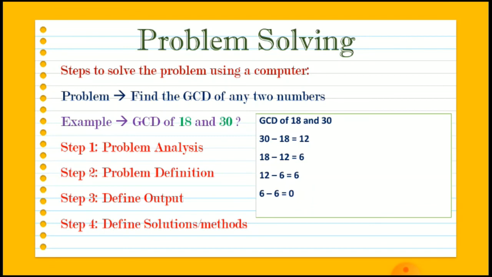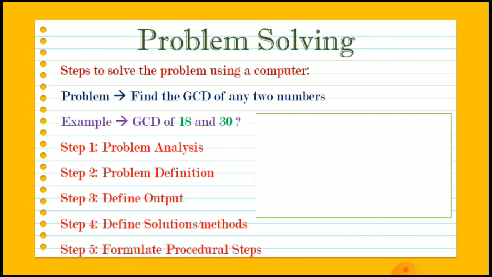So in this example, 6 is your GCD. So like that, there are a number of methods available to find the GCD. Out of that, you have to choose the best method to find the GCD.